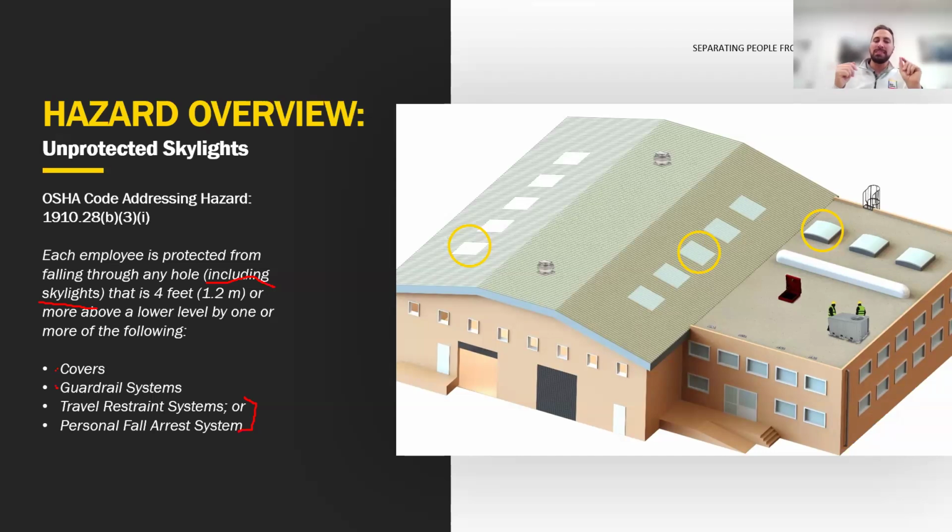Those systems can be designed 2 different ways. I can design a system where my anchor is, let's say, 10 feet away from the edge, and I have an 8-foot long connector or lanyard. So that way my body can't get within 2 feet of the edge. I'm stopped, right? That's called a travel restraint system.